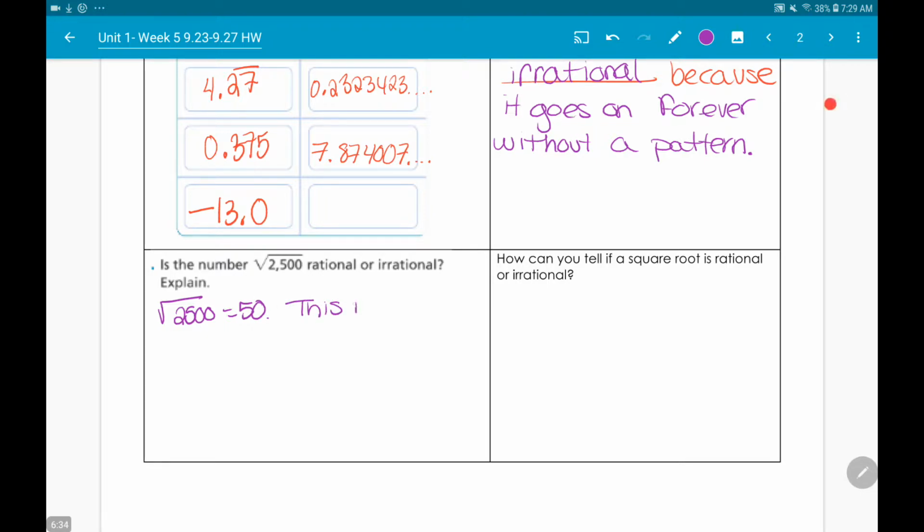So this number is what? It is rational because, I could say a few things: I can say because it's a whole number, or I could say because it's terminating.